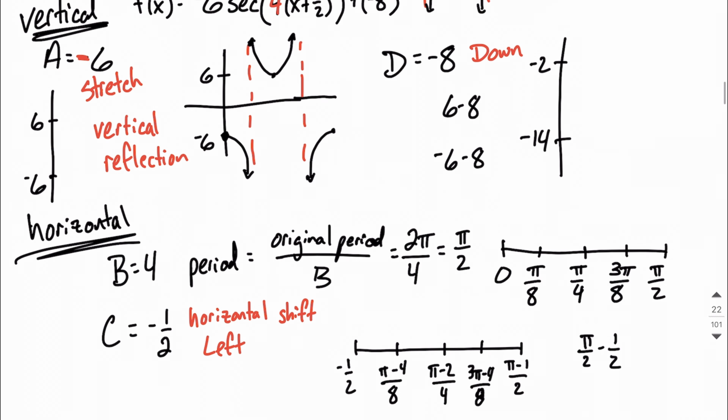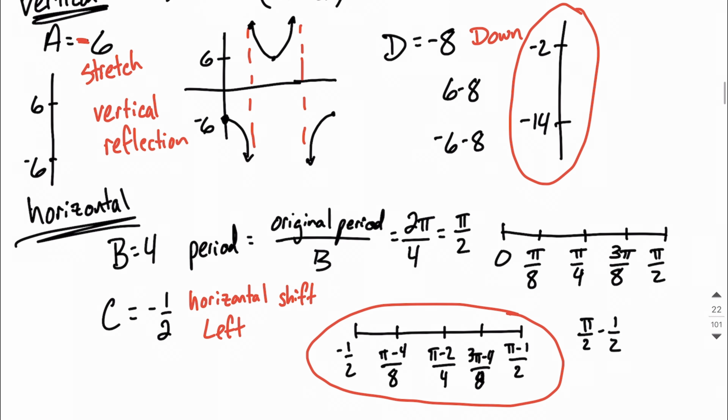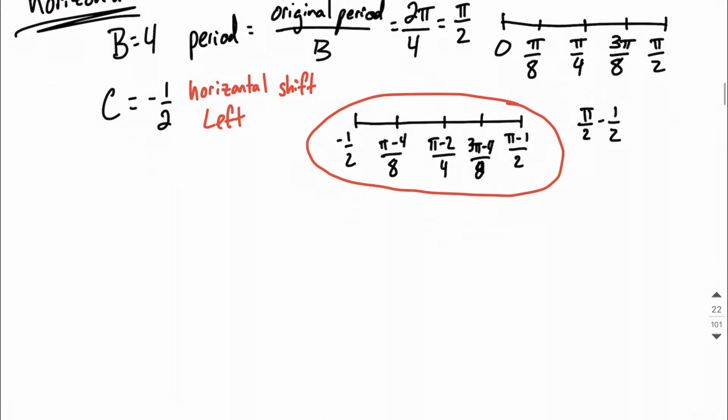Remembering that we're going to bring along our vertical labels and these horizontal labels, as well as the fact that this has been flipped upside down to help us out. All right, so one period of this graph. Remember, everything's been shifted down significantly. So let's start out at -1/2.